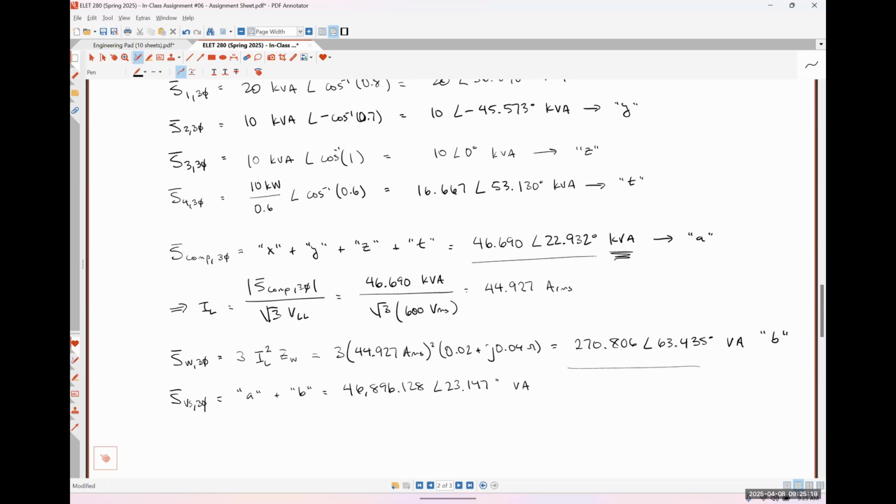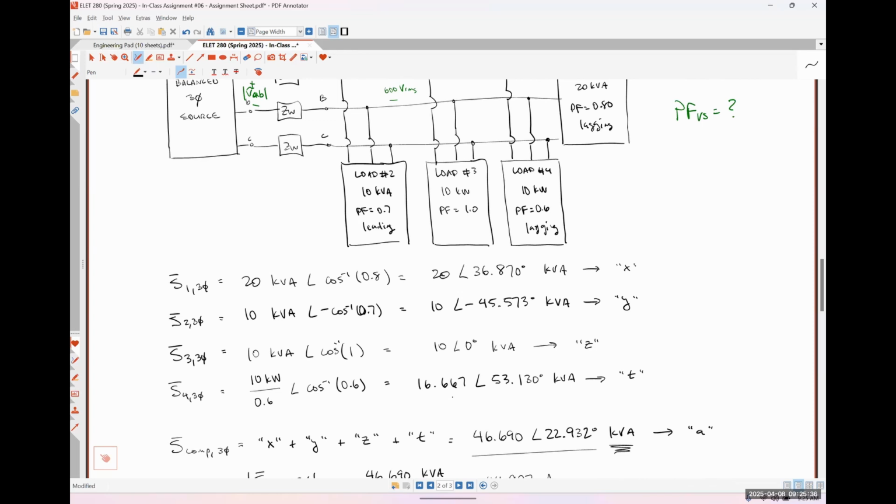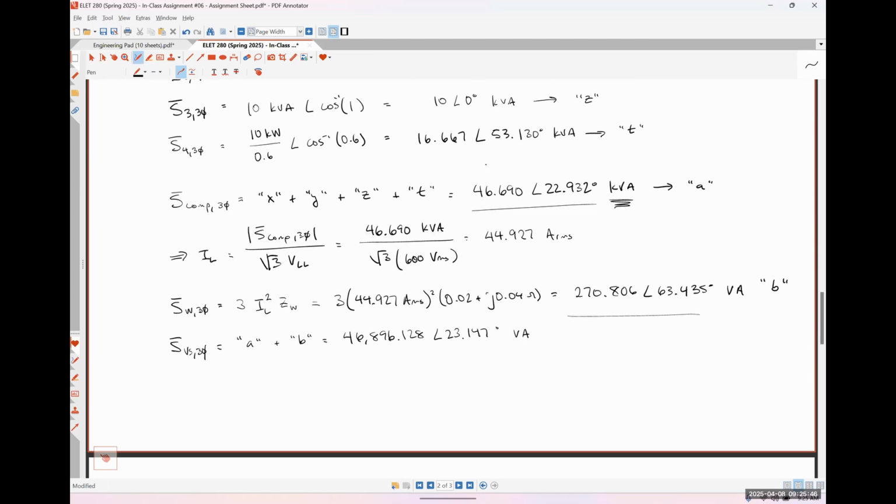All right. So I think we're okay with how we got to here. So how can we use this result of the complex power supplied by our source to calculate either the power factor at which our voltage source is operating or the line voltages at our source? Exactly right.